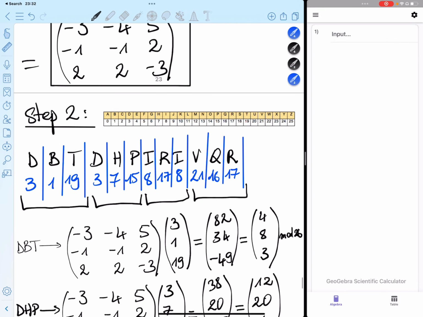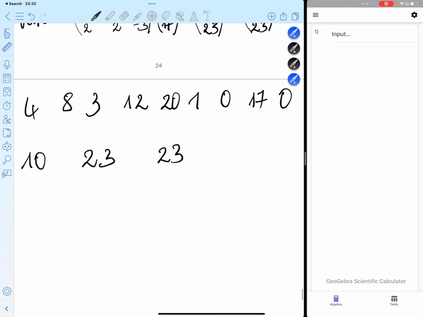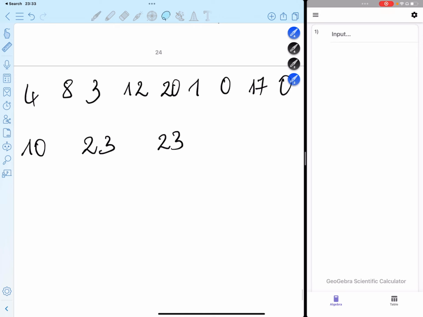Now I'm gonna copy this table again and paste it here. So step 3. Now we're gonna decrypt the message.